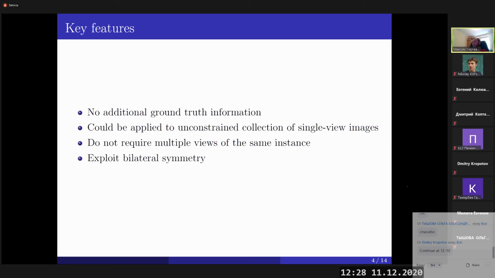Also, we can apply such a method to any dataset of single view images. So we do not require multiple views of the same instance. It's very important because in real life, it's very unusual to have multiple images of some instance from multiple views. And the last and key feature of this method is that it exploits bilateral symmetry.